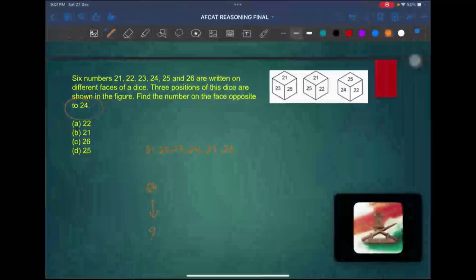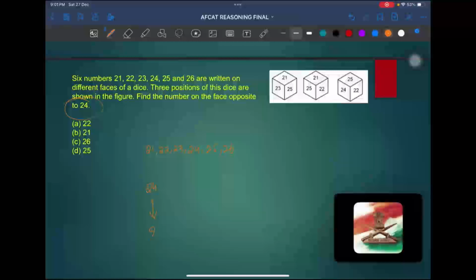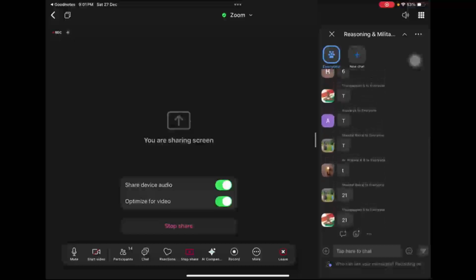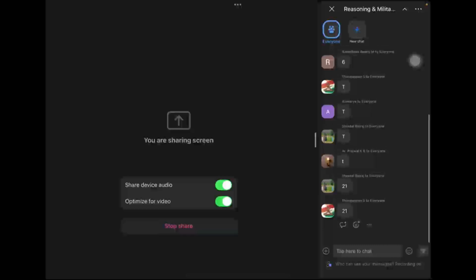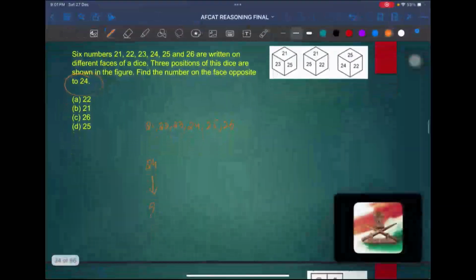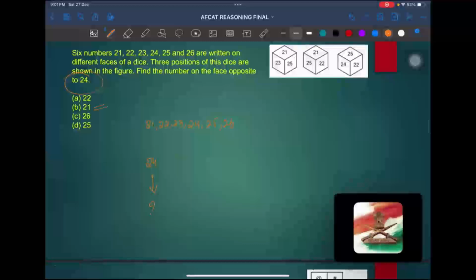If my pronunciation is a little wrong, I'm sorry for that. Okay, Tangappan, Sheetal, 21. Two people are telling 21, and the remaining people, try to answer it.